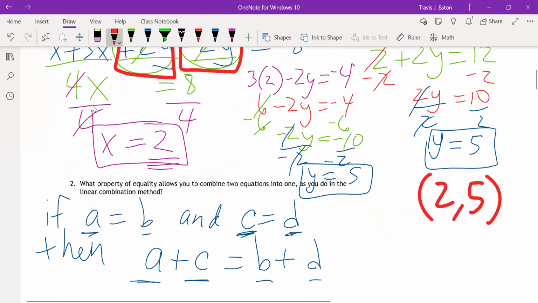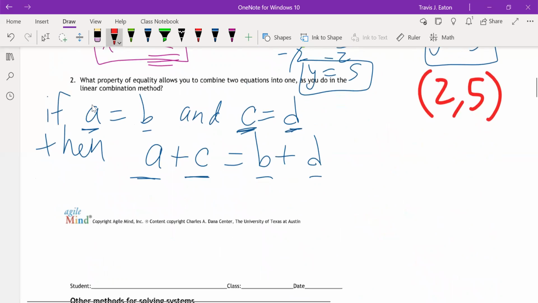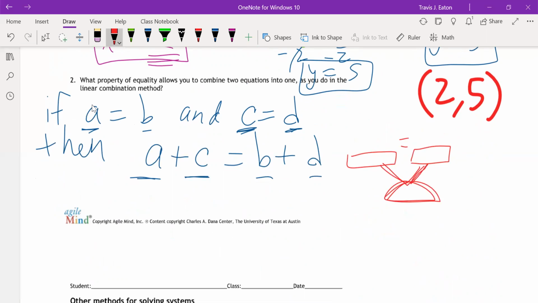It's kind of like if you look at it from a balance scale sort of perspective. If you've ever seen a balance scale, you've got these two things and your equal sign is in between. That's your balance. Well, if you've got an expression over here equaling some number over here, and then we add another equation or expression over here, then we would add that other sum over here, and it would still remain balanced.